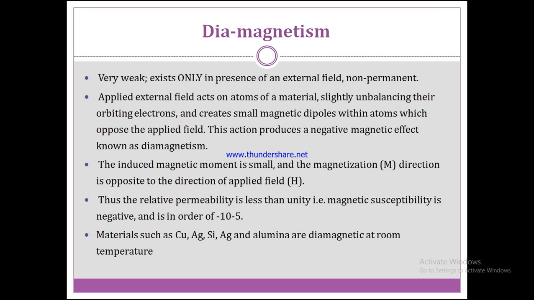The induced magnetic moment is small, and the magnetization, that is capital M, has a direction opposite to the direction of the applied field, that is H. Thus the relative permeability is less than unity.